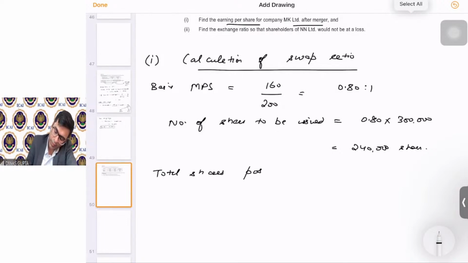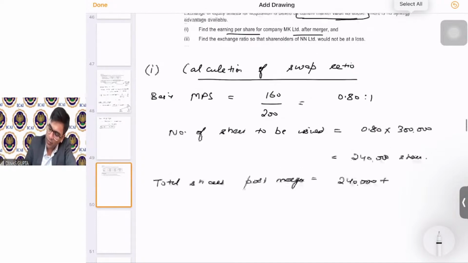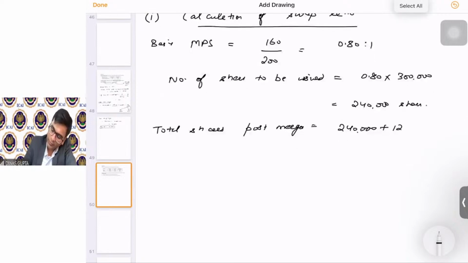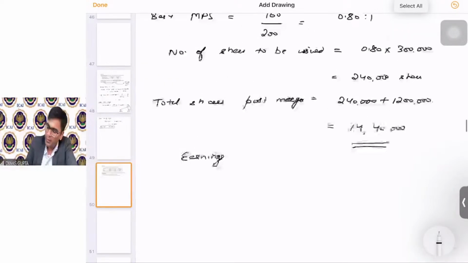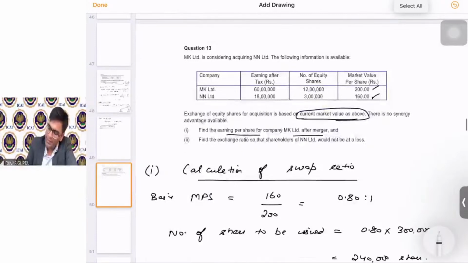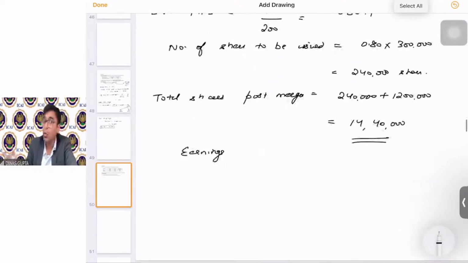Total shares post merger becomes how much? 2,40,000 plus the existing number of shares, 12 lakhs, which is 14,40,000. Okay, so the earnings are 60 lakhs and 18 lakhs for calculating the post-merger EPS.